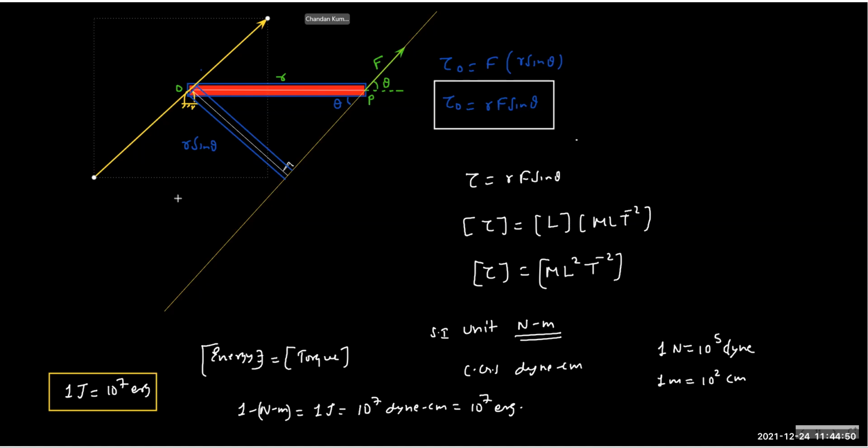Understood? Is this clear? Yes, sir. So what is required? The line of action of force must not pass through the point of interest. Then only can we have some separation between them, and then only can it turn the body.